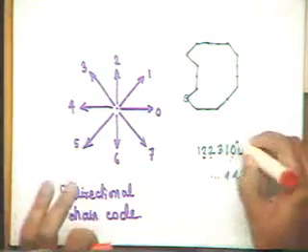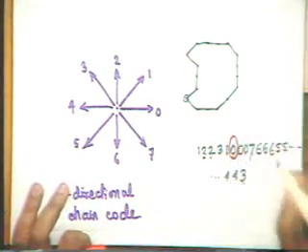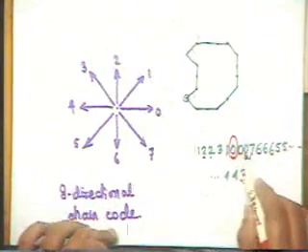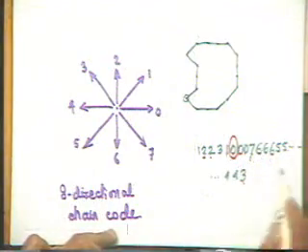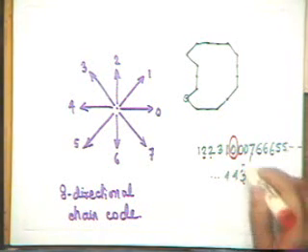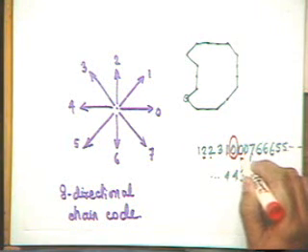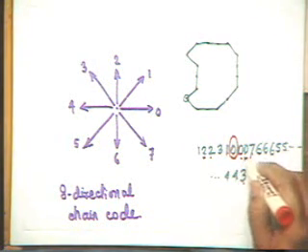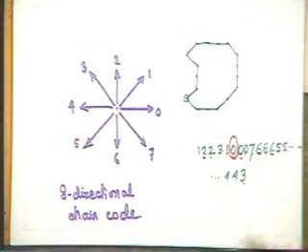If we choose this pixel as the starting point, then the code is 0, 0, 0, then 7, 6, 6, etc., and apparently this is the minimum integer that can be described. Had we chosen this, it is also 0, but it would have been 0, 0, 7, not 0, 0, 0, 7.